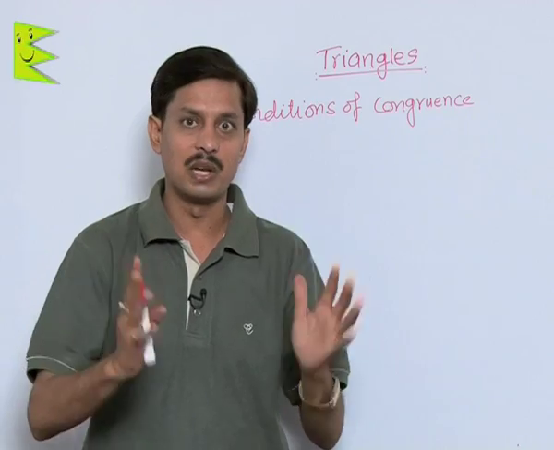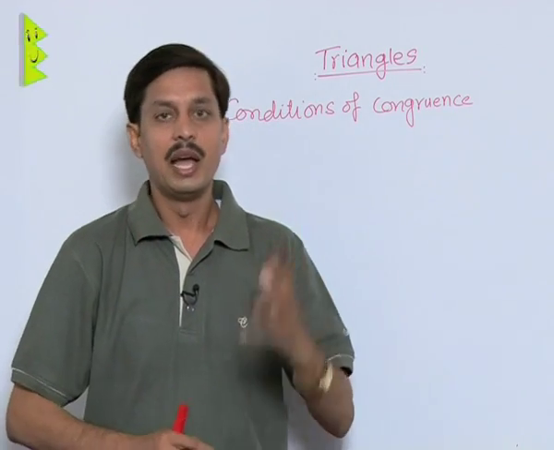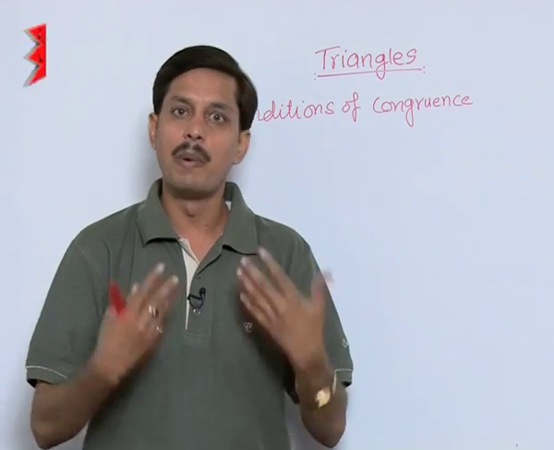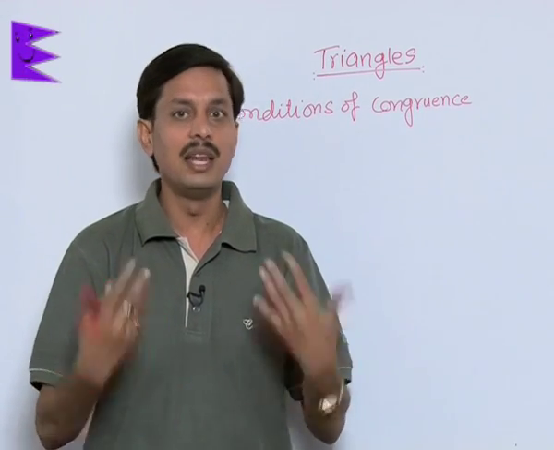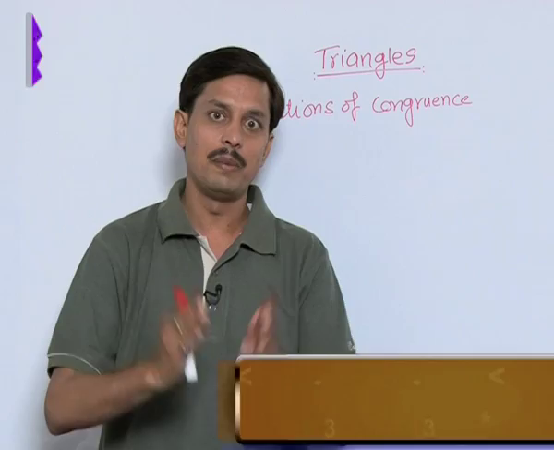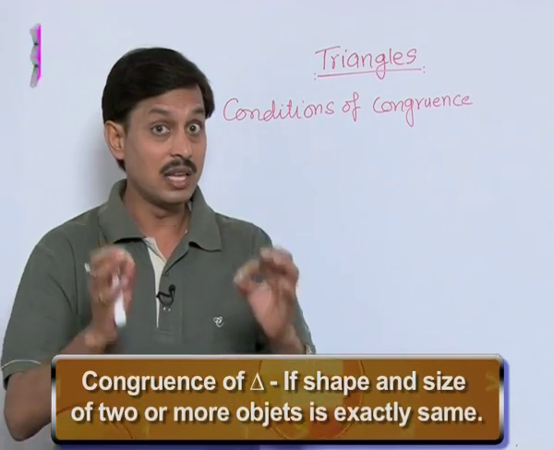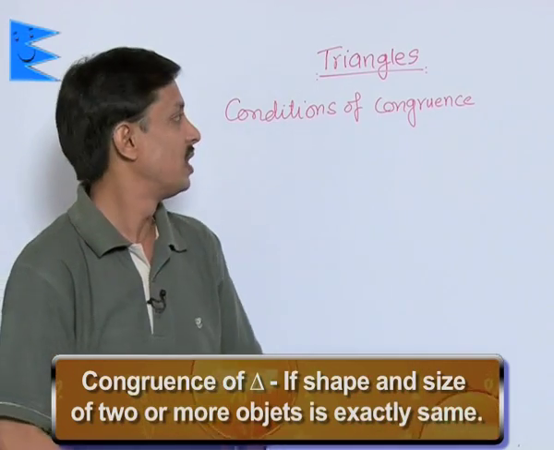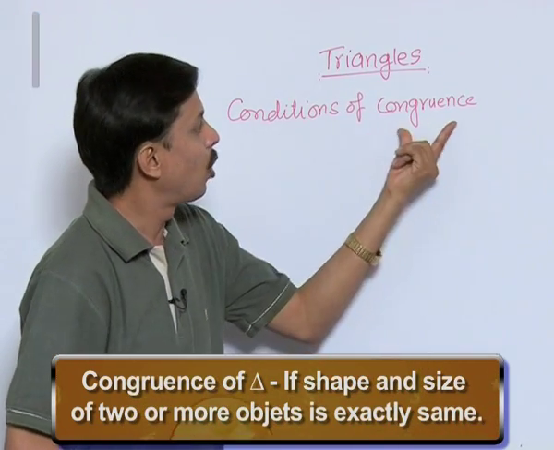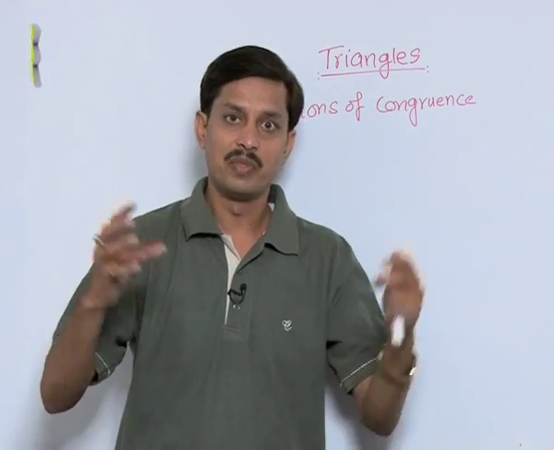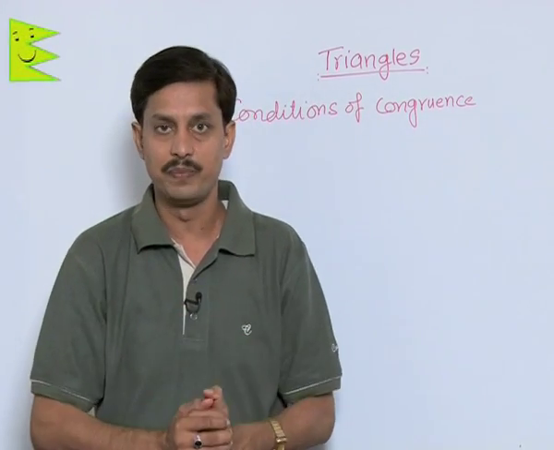Shape will be of the person who is sitting in front of the camera, and size can be A4, or passport size, or any other. So if the shape and size of two or more objects are absolutely the same, then we say they are congruent. But now in this chapter we will discuss the congruency of triangles.